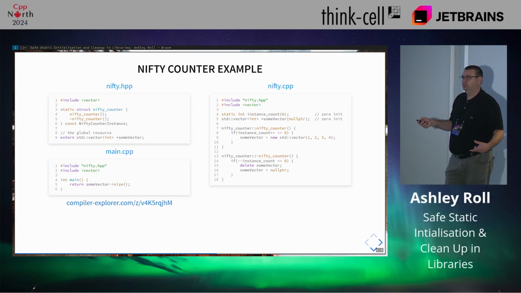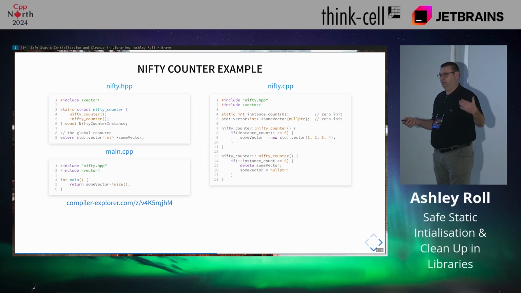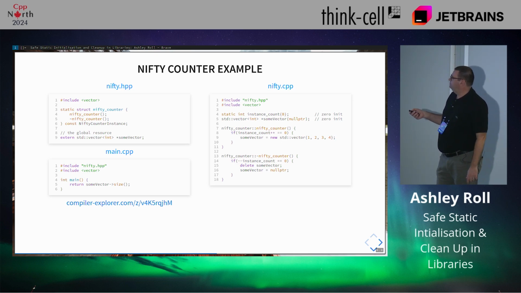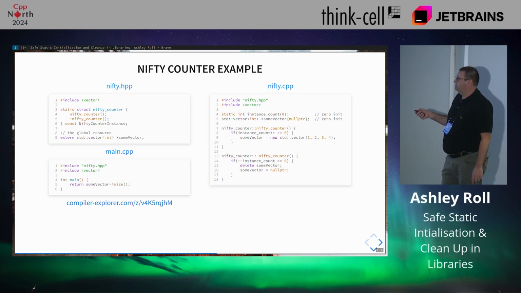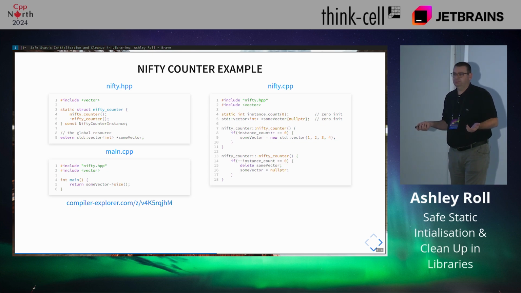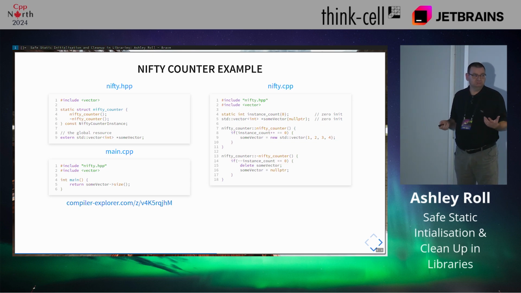It's been registered as a static storage duration initialization in this file and in fact in every single file that uses it. So over in the implementation we have an instance count and whatever the thing is we're actually trying to manage. On construction, if the count was 0 we create it. On destruction, if we get down to 0 we delete it. It's pretty straightforward. Is everyone cool with that?